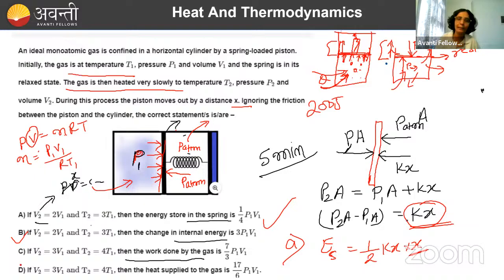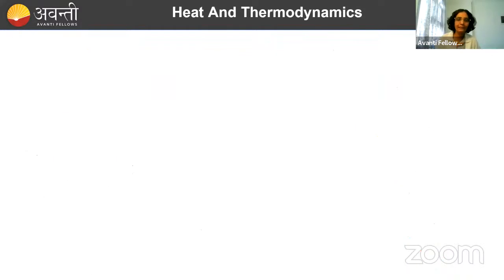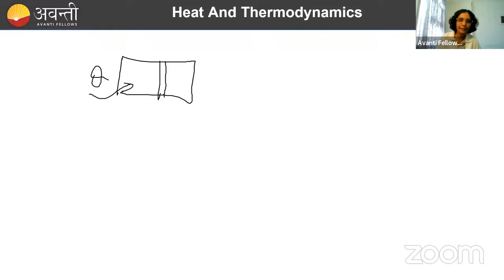Now look here, I need to find the work done by the gas. This is a movable layer, and we are supplying it heat Q. Writing the first law of thermodynamics, Q will be equal to W plus delta U. Now this Q gets divided into W and delta U. What will be the work done by this gas?